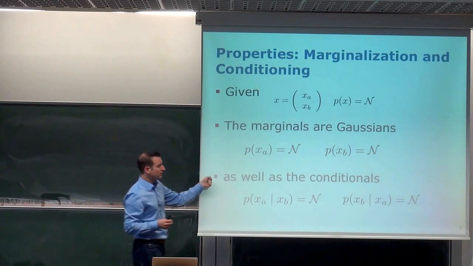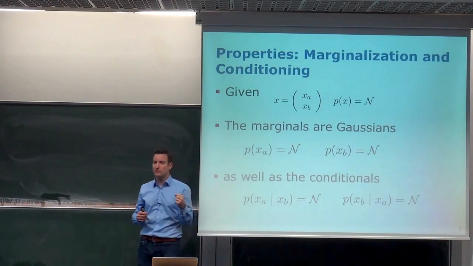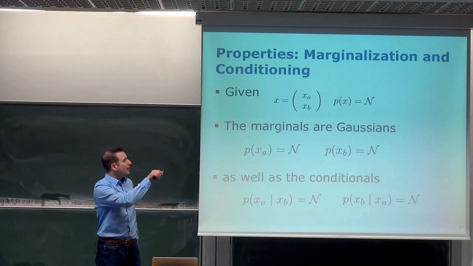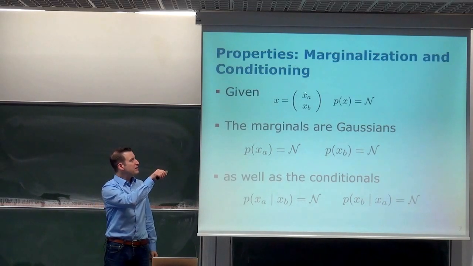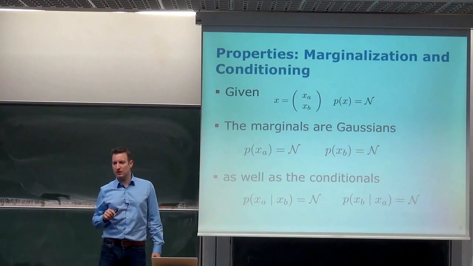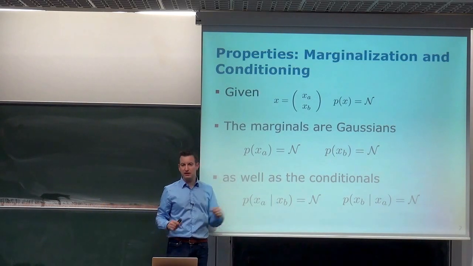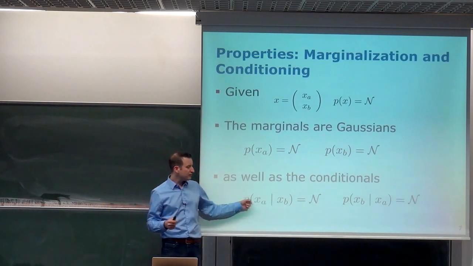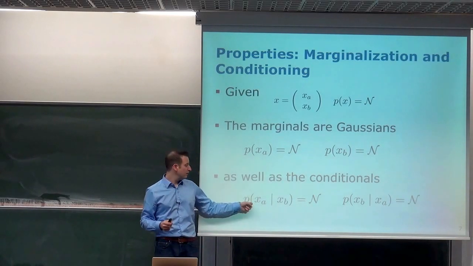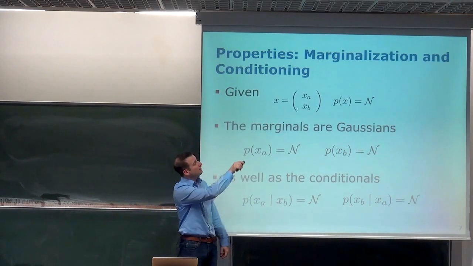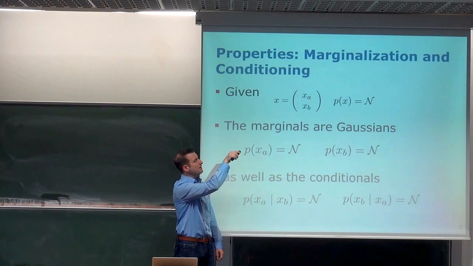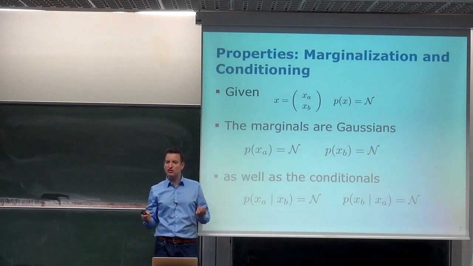The second thing which is important are the conditional distributions. So how can I estimate P of A given I have knowledge about B? So this is P of A given B. And it turns out also these conditionals are Gaussian distributions. So given I know B, I can estimate A potentially better.